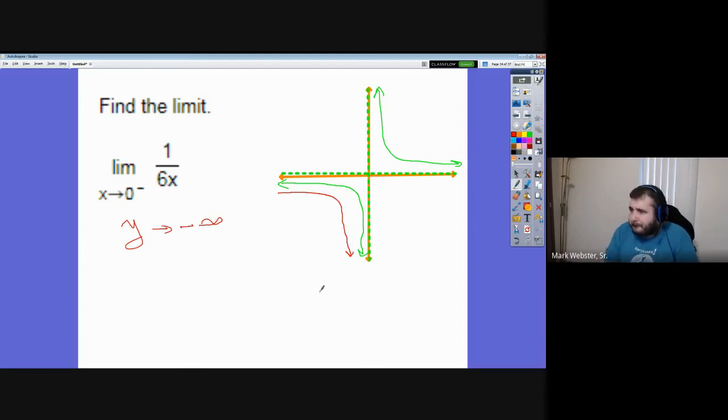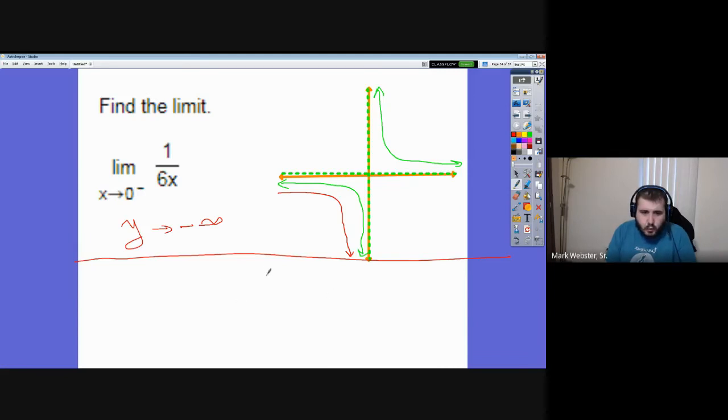Now, here's the thing that's going to help you if you can't just draw this off the top of your head, which I think most of you should be able to. But if not, here's what you can do. You can say, all right, let's figure out what the sign's going to be. It's either going to be infinity or negative infinity if I'm hitting an asymptote, right? So let's figure that out.